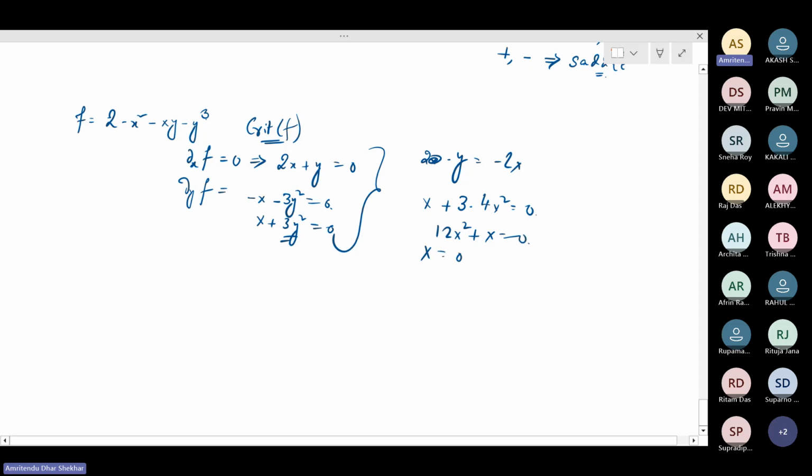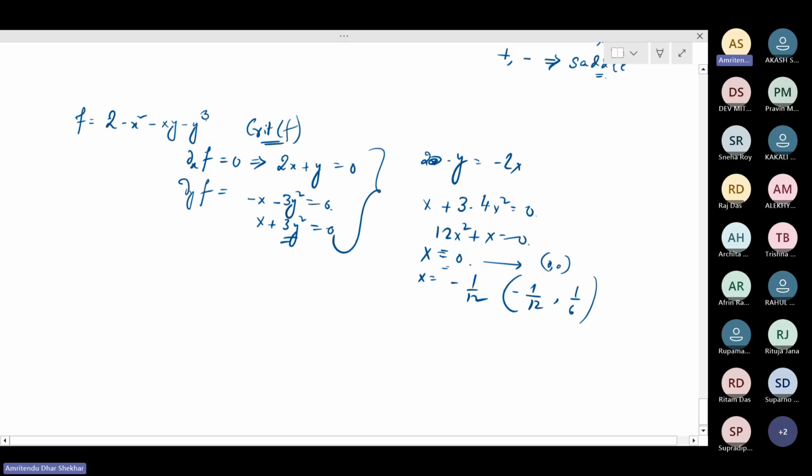So x is either equal to 0 or x is equal to minus 1 by 12, right? If x is equal to 0, then correspondingly y would also be equal to 0. So 0 comma 0 is a critical point. The other critical point is minus 1 by 12 comma 1 by 6. Okay, so you get two critical points.